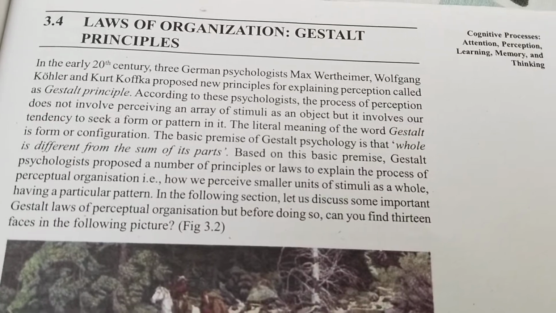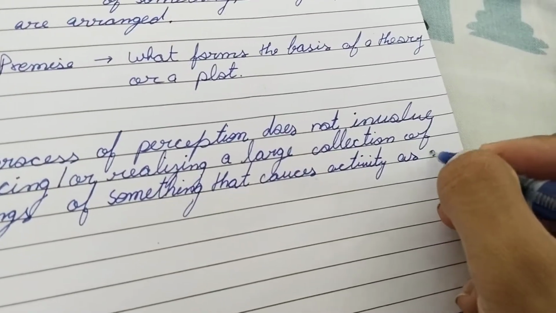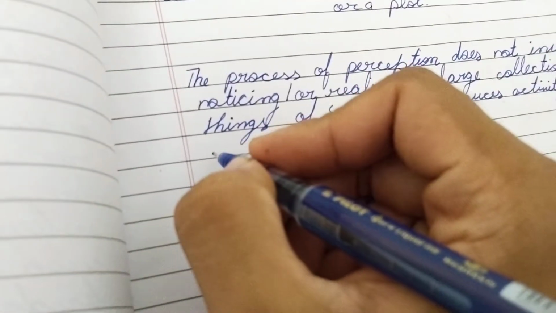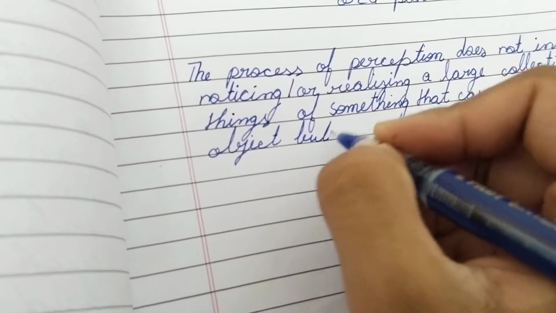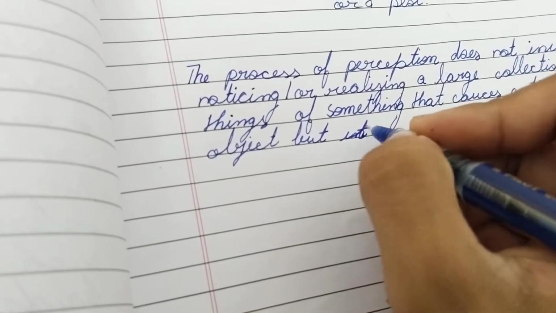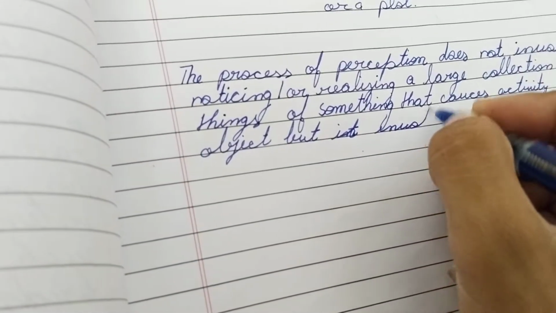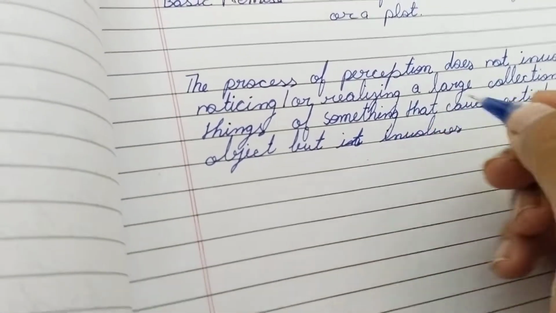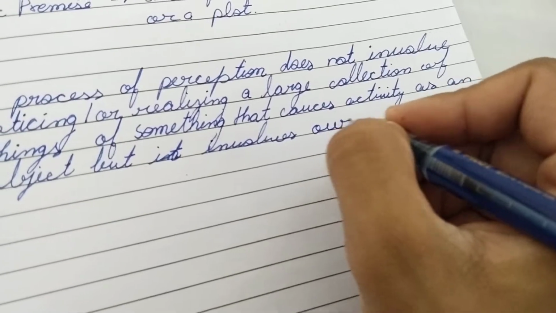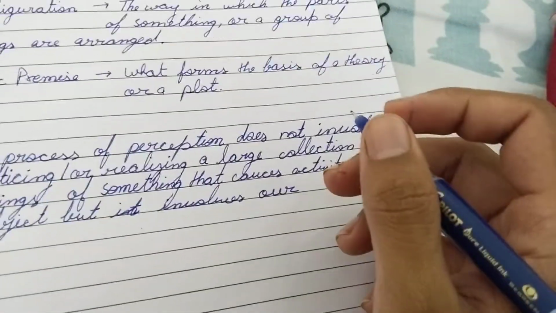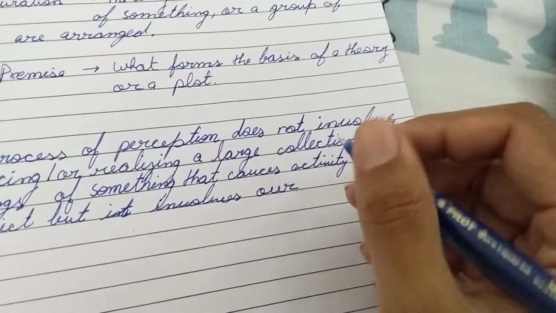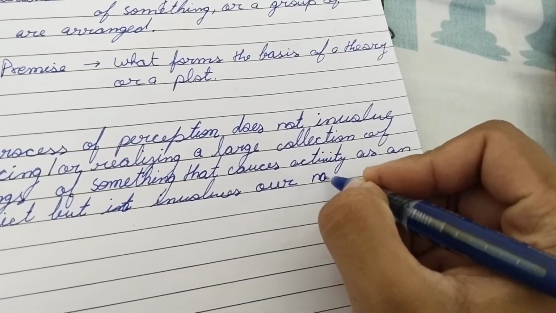Stimuli as an object, but it involves our tendency. So maybe some of you already know the meaning of tendency, but still: tendency is our natural inclination to act in a particular way. So you can just write it like this.